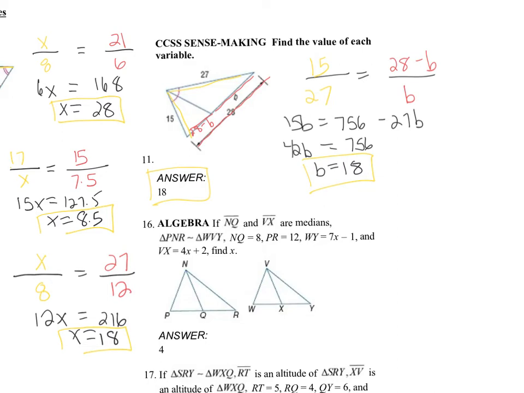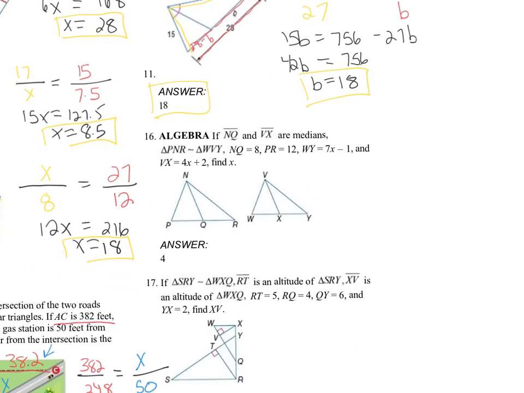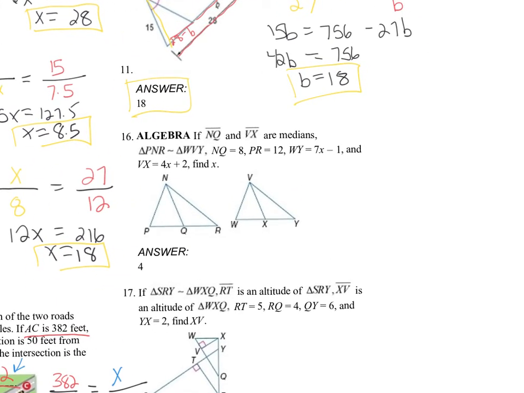Okay, moving on to number 16. We're told that we have medians, and that our triangles are similar, and so we are trying to find x. So let me mark off what we are told.